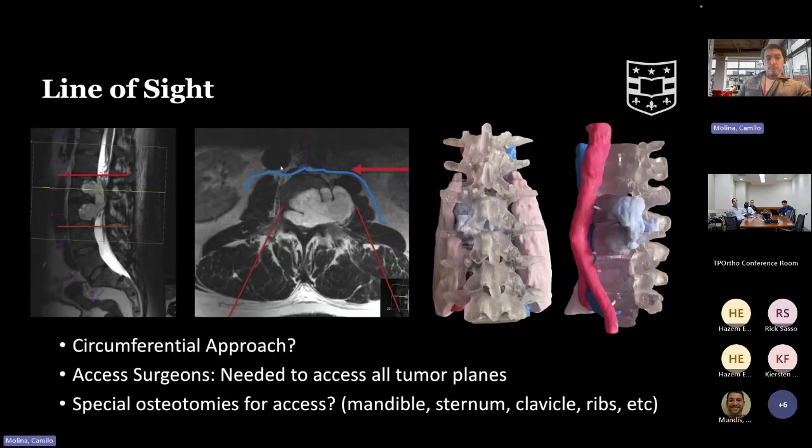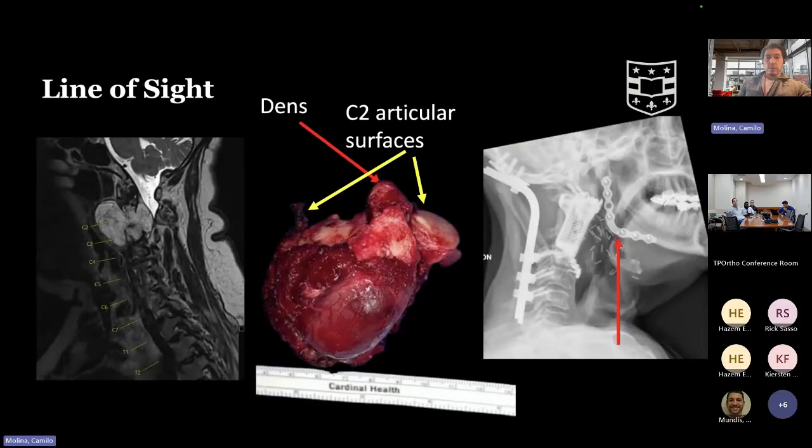For the purposes of the scoring system, each additional approach that you need to do adds an additional weighted score that will increase the morbidity of the procedure. And so in this case that I showed you guys earlier of that high cervical chordoma, we needed to do a submucosal mandibular split.